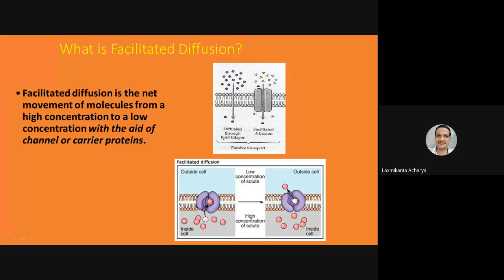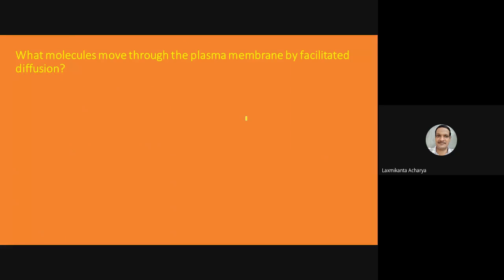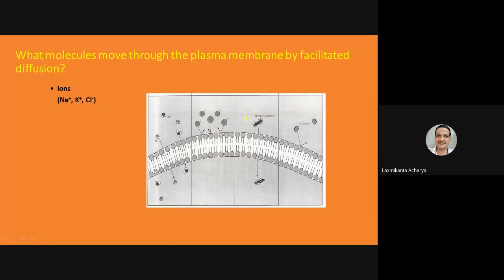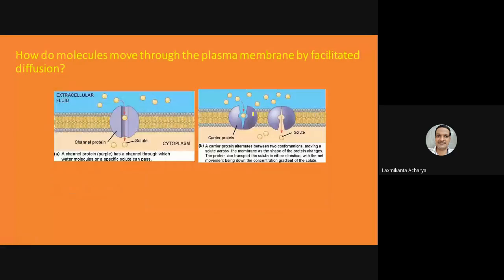Okay, so this is your carrier protein or channel protein. Through facilitated diffusion, ions like sodium, potassium, and chloride, sugar molecules, amino acids, small molecules, water soluble molecules, and water at a faster rate can move through the plasma membrane.